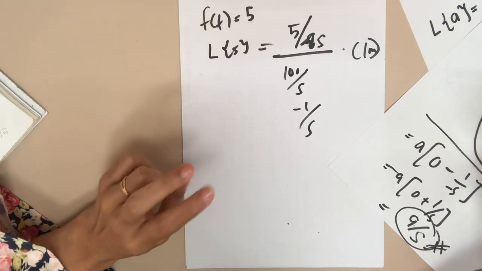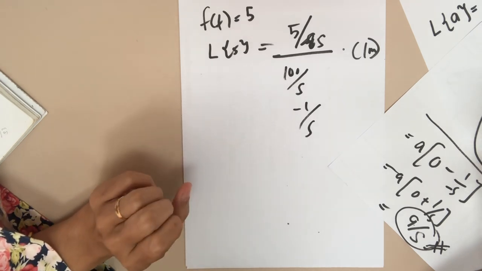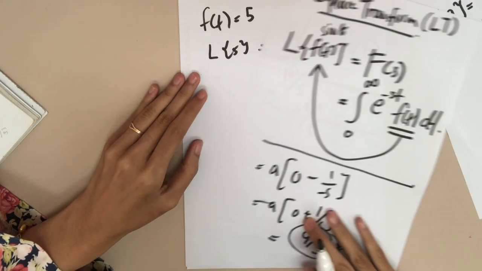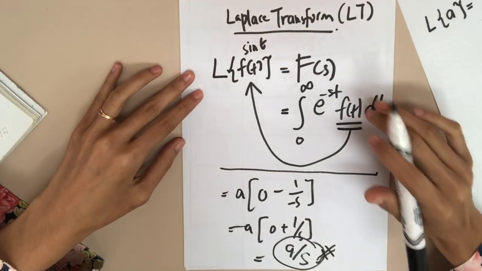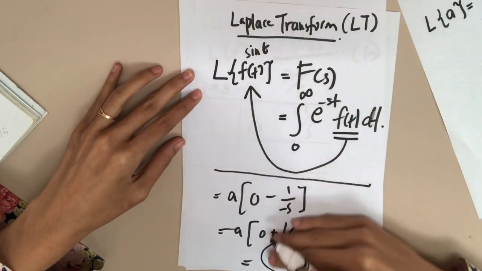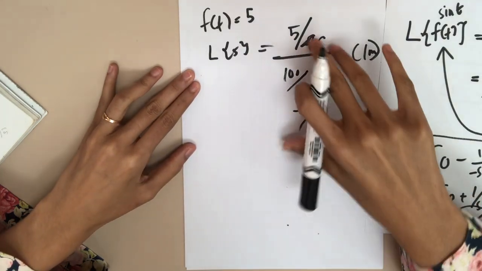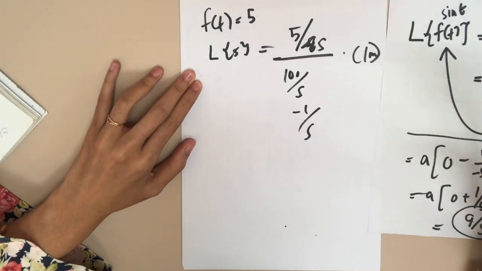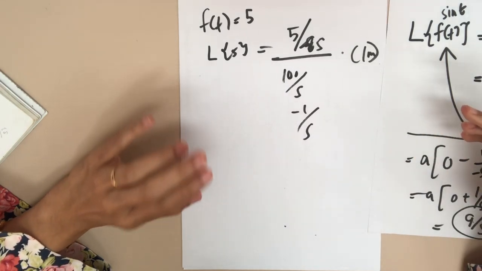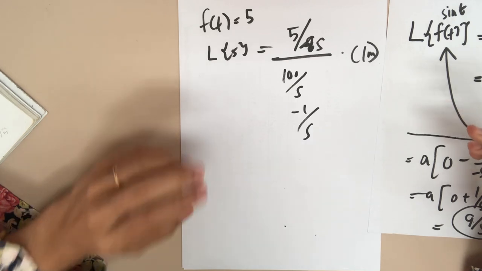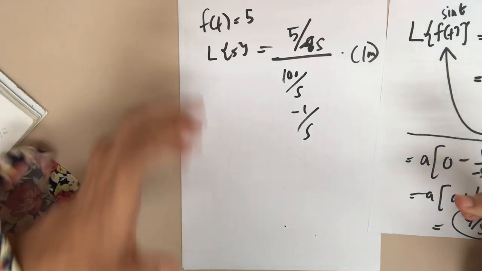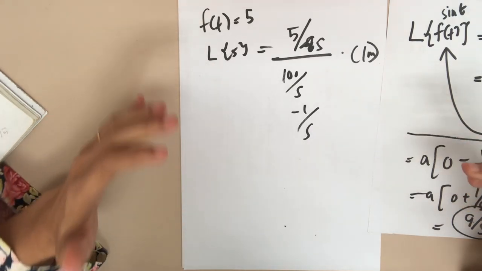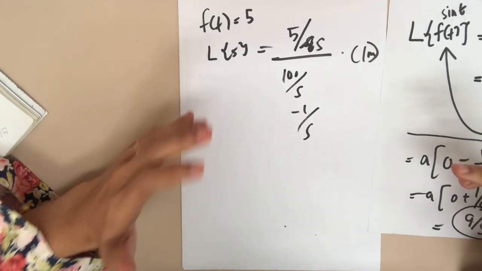So there are two ways. The first way is by using the definition, the derivation, which means you need to integrate and show your steps. The other is by using a table. Later on, I will show you the table. Actually the table is easier, and you will use the table to get the answer.